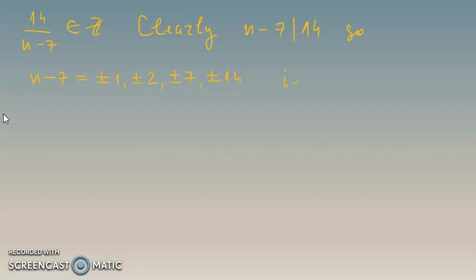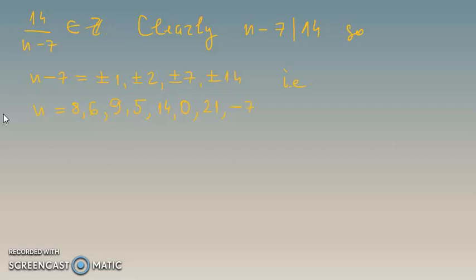This means that n could be, let's calculate, in the first case 8, after that 6, 9, 7 minus 2, 5, 7 plus 7, 14, 7 minus 7, 0, 7 plus 14, 21, and as a last possibility, 7 minus 14, minus 7.